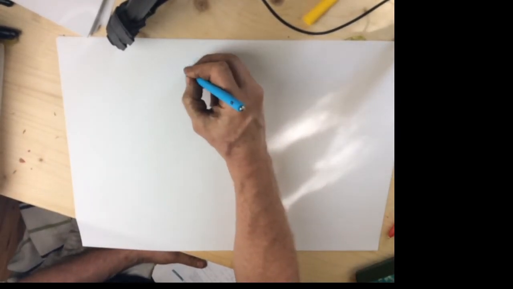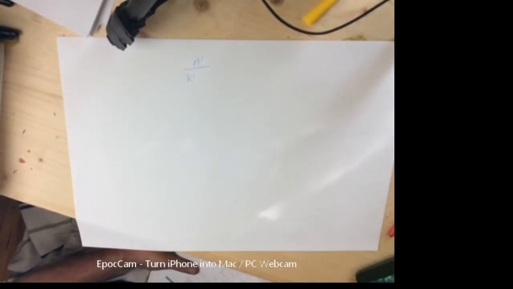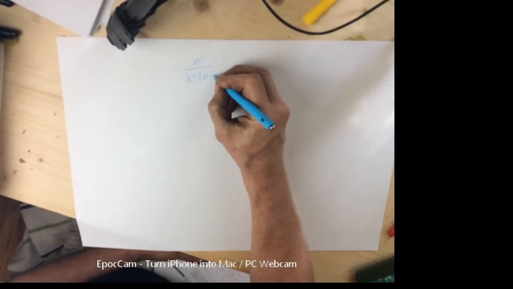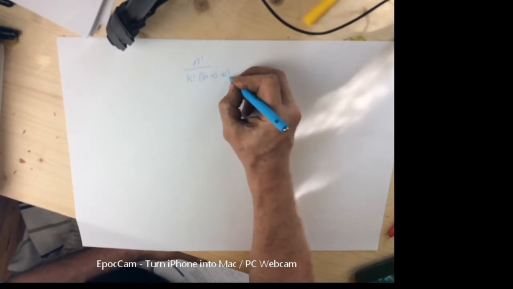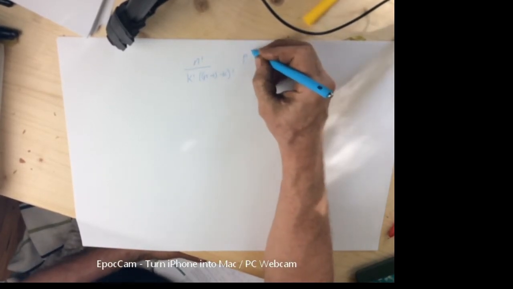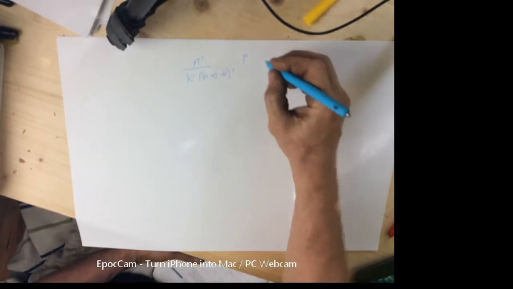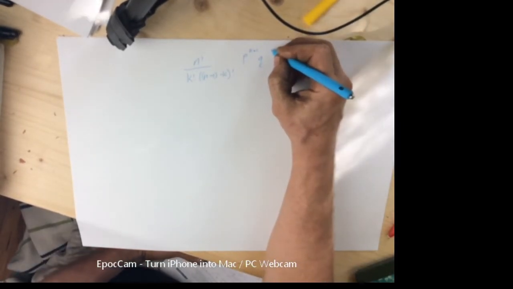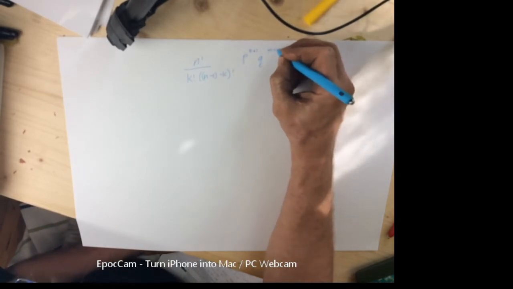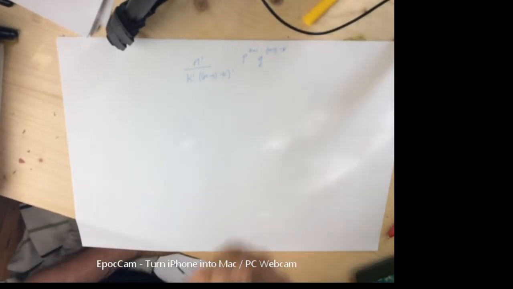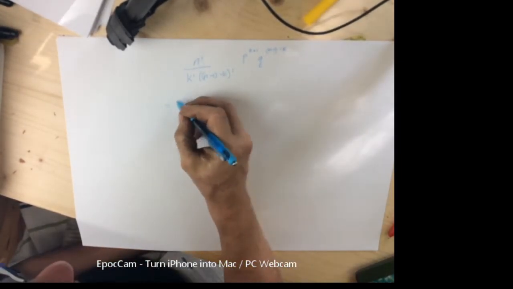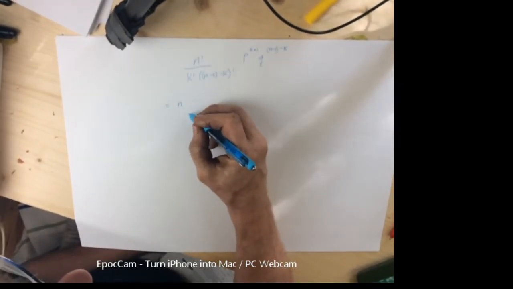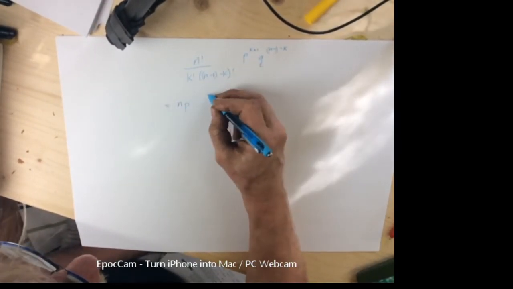I'm going to take that expression that we have, n factorial over k factorial, n minus 1 minus k factorial, p to the k plus 1, q to the n minus 1 minus k, and I'm going to pull out an n up here and pull out a p.